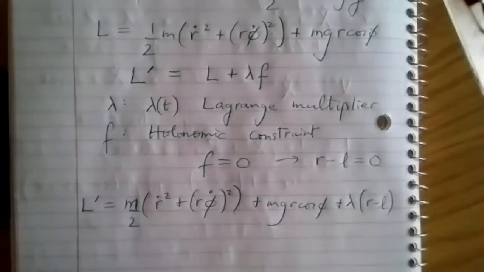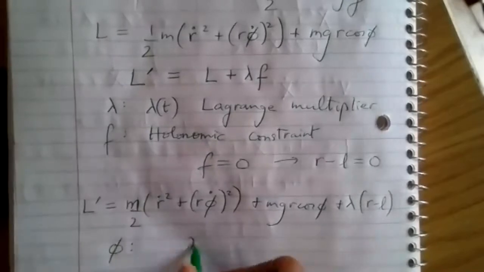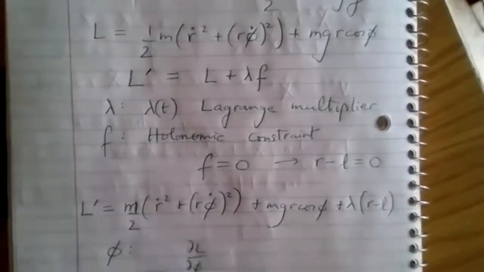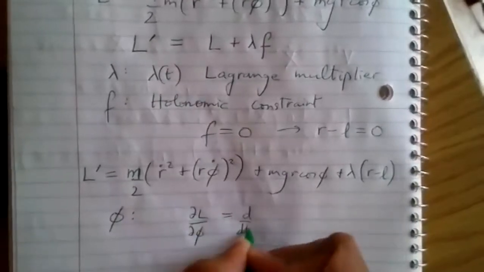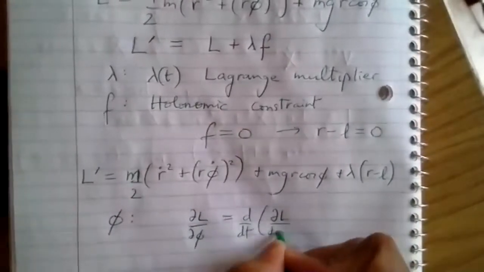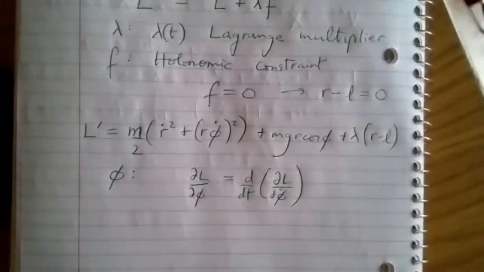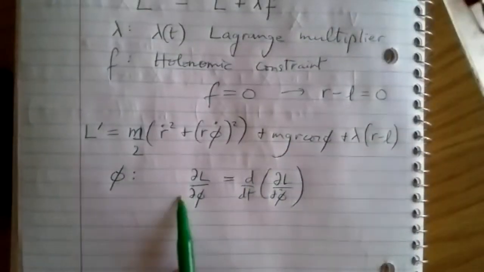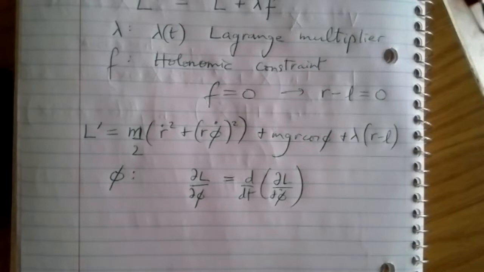So for phi, if I do the Euler-Lagrange equations, I have partial L partial phi is equal to d by dt partial L partial phi dot. So partial L partial phi will only get a contribution from here. Derivative of cosine is minus sine.